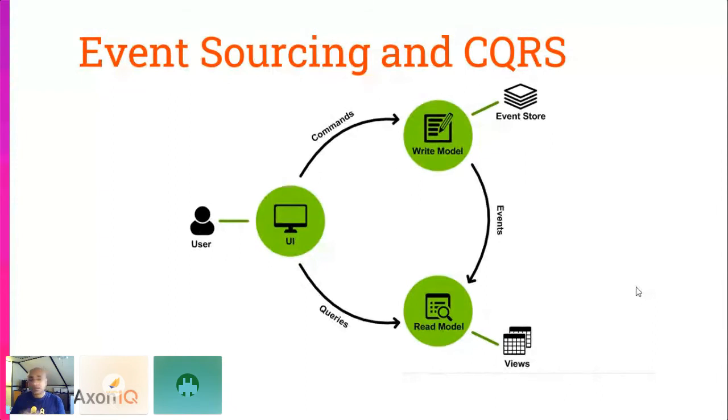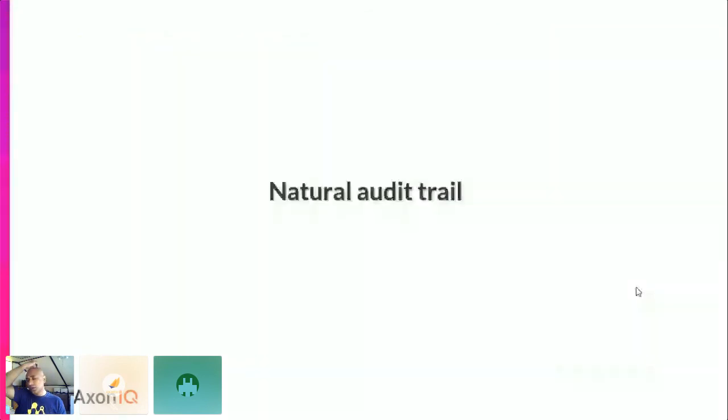It's going to emit the events that actually happened, and those events are going to be propagated to the read model, which is going to maintain a view, a current state of the application. Queries are going to be issued against the read model, and commands are going to be issued against the write model from the UI. Okay, so why would you want to do this?